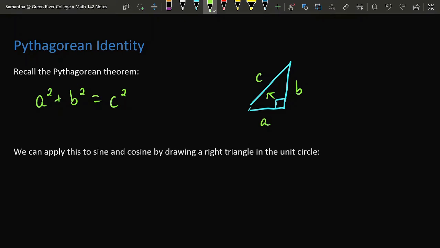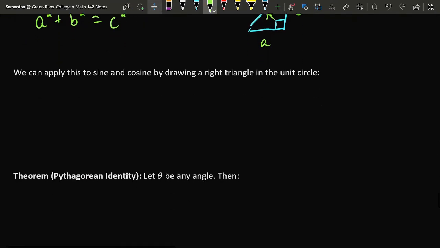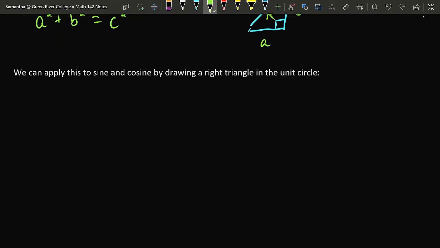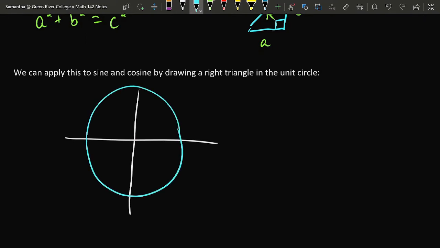Now, how is this related to what we've been doing with sine and cosine? To see the relationship, let's take our unit circle and draw a little right triangle in there. I'm going to draw my hypotenuse from the origin.